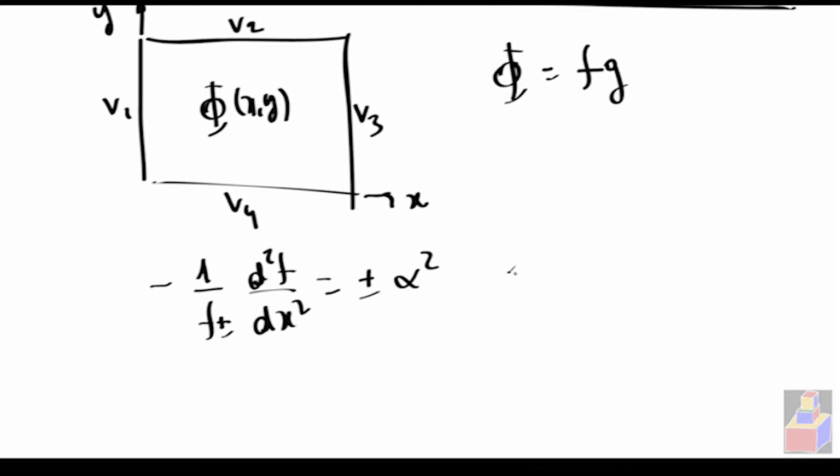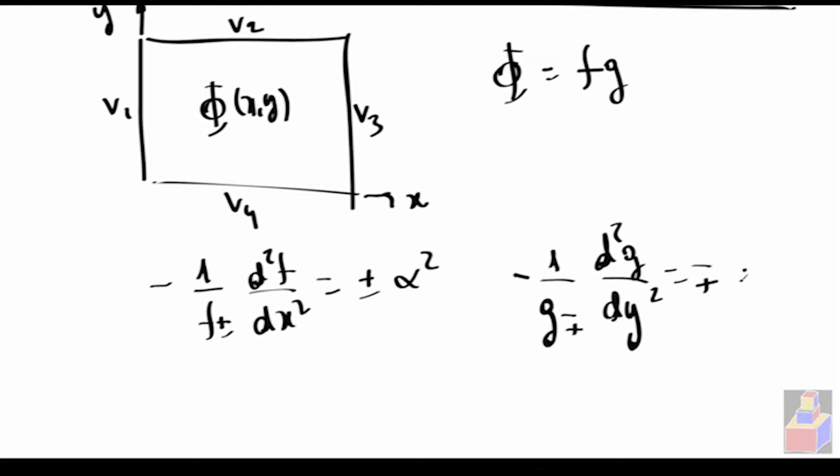And the other equation is going to be similar to this one, which is going to be 1 divided by g. So I had to choose the sign properly, so it's going to be g minus plus d2g dy squared equals to minus or plus alpha squared.